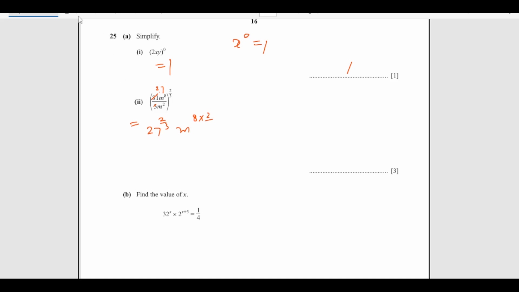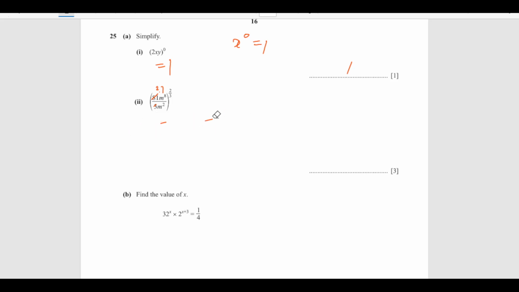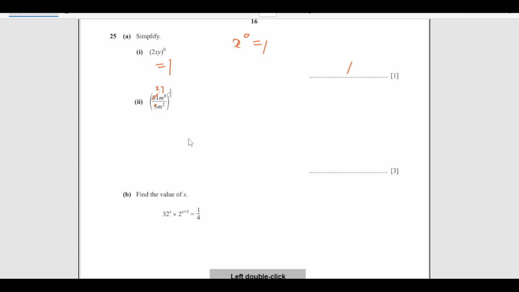Okay, wait, because there is m down here also, we can just rewrite this here so that we simplify everything together. So what we have here now is 27 m power 8, then there is m squared down, so this will go up there and becomes negative 2. Outside we have 2 over 3. So this is 27 m power 6 times 2 over 3, and 2 over 3 belongs to 27 also, right.